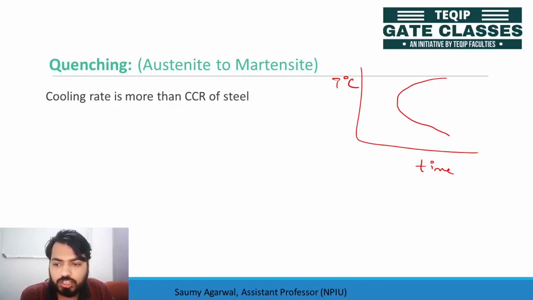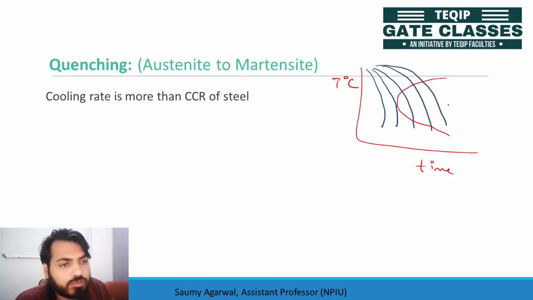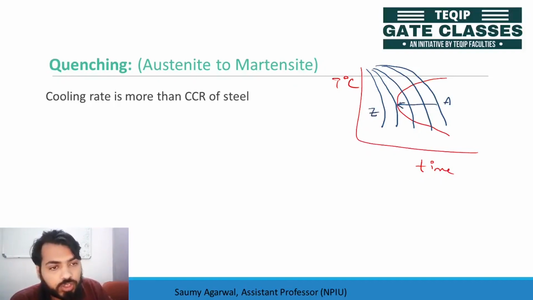These are the different types of cooling curves. If you move from A to Z, we are increasing the cooling rate. If the cooling rate curve is tangent to the nose of this transformation curve, that kind of cooling rate is known as the critical cooling rate.